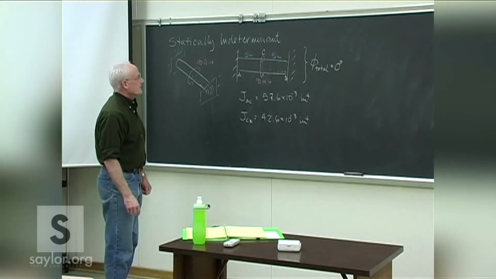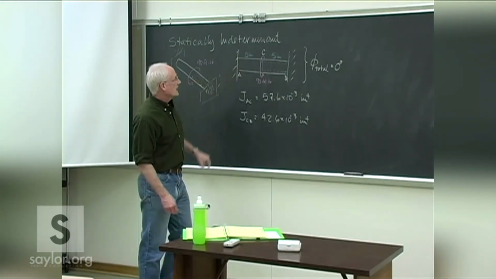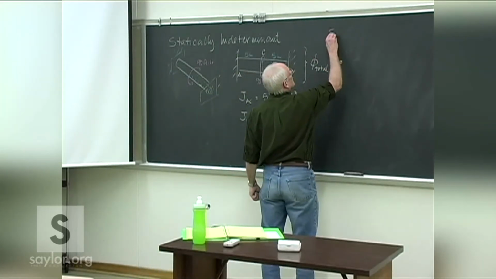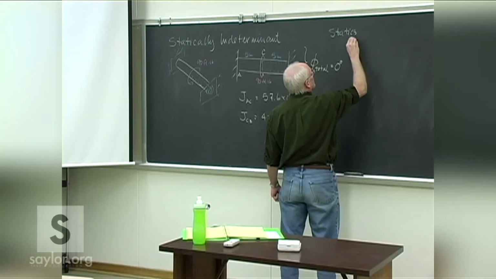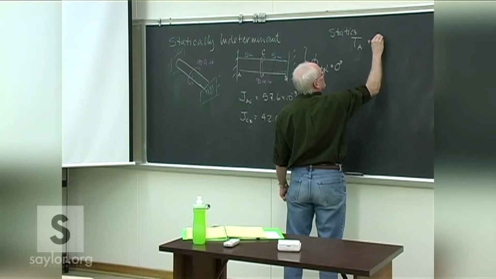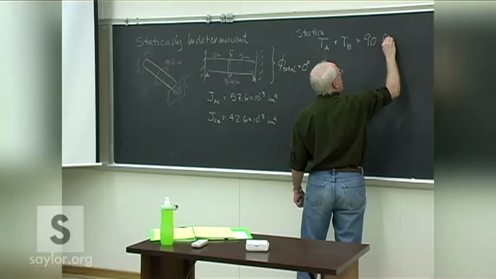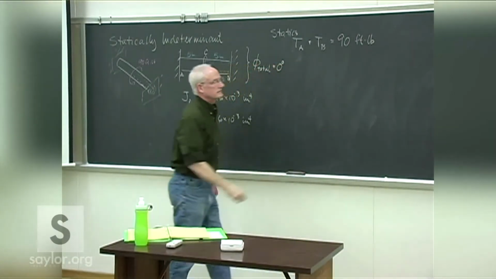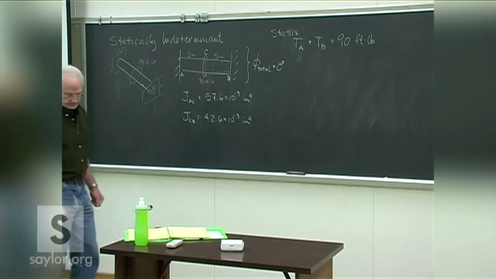Okay, our statics only tells us that the reactions are nothing more than equal to the total load, but we don't know how much of the load is at each one of the supports.